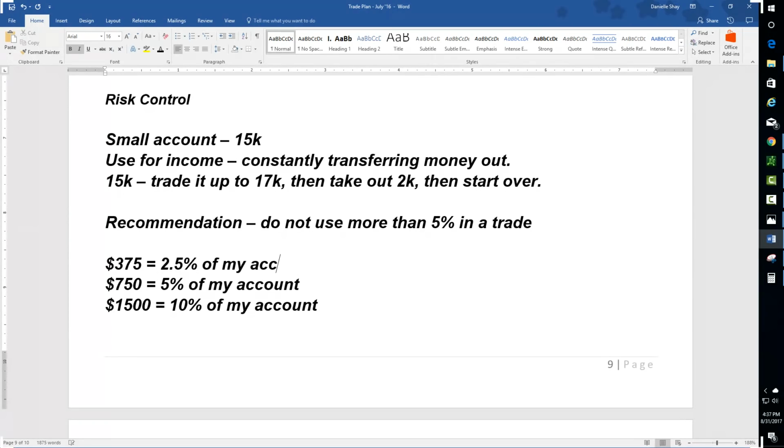Okay, so these are the average position sizes that I use per percentage of my account.